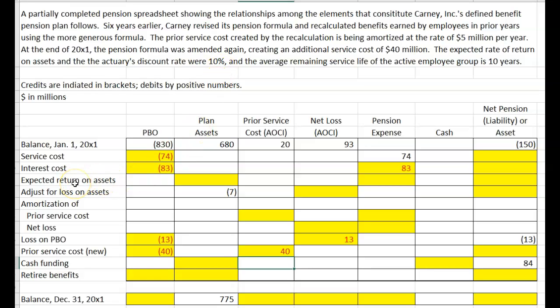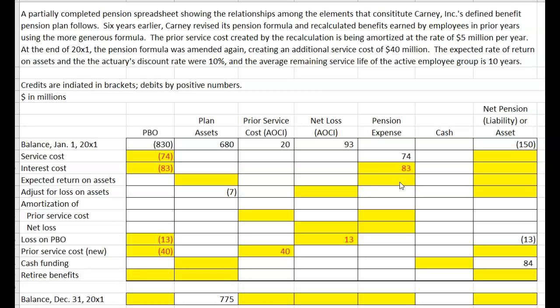So the expected return on plan assets is the beginning balance of $680 million times 10%, and that will be an increase to the plan assets. It will also decrease the pension expense for the year.